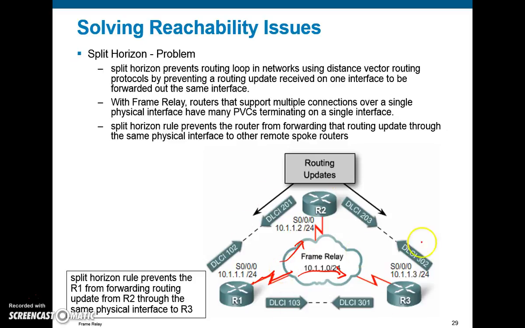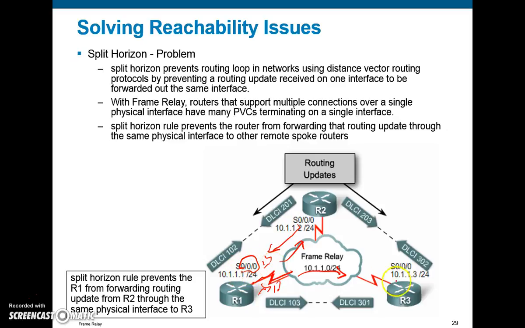Let's say they are running some routing protocol, and R2 sends a routing update to R1. If you have split horizon running, then when R1 receives the routing packet from serial 0/0/0, it will not forward the same routing packet out of the same interface, which is serial 0/0/0.